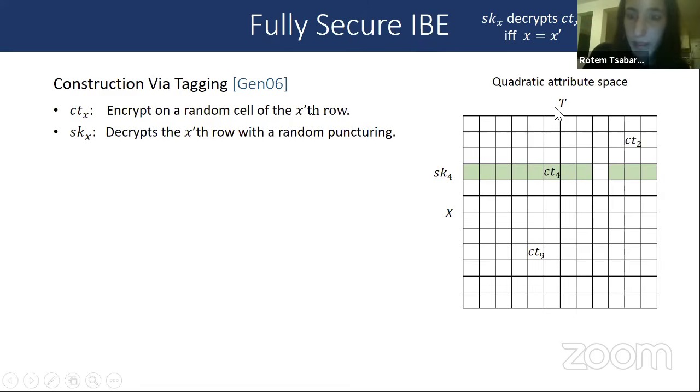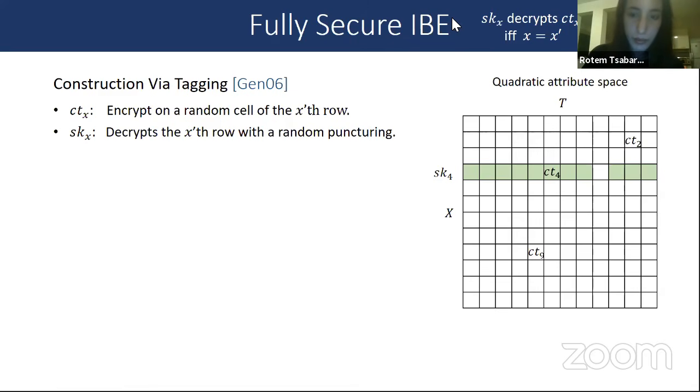Okay, so the tag space will be of exponential size. I just enlarge the attribute space that I'm using in the underlying scheme. So I add additional bits to the attributes, and then I call the suffix part the tag of the attribute.